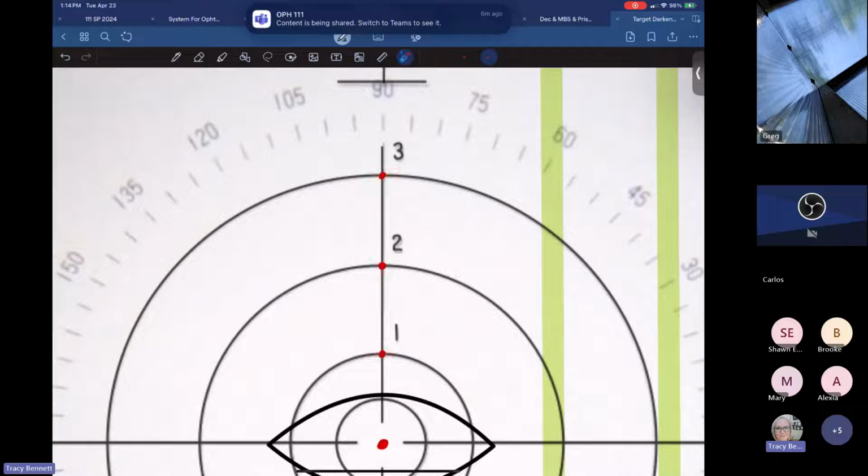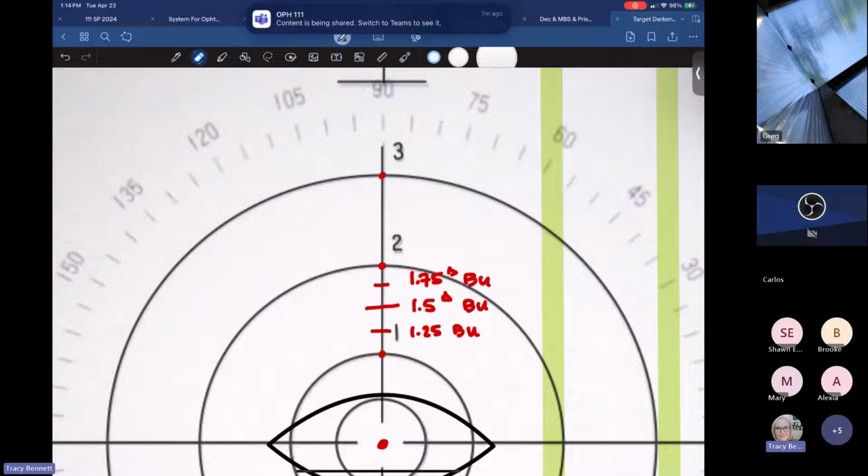So if you need to be at 1.5, then you would go halfway between this line. So that would be like 1.5 diopters base up. And if you need a half of that, even a quarter, then those are halfway between those, 1.25 base up, 1.75 base up. So it just increases. And then we're up to 2 here, up there at this point.